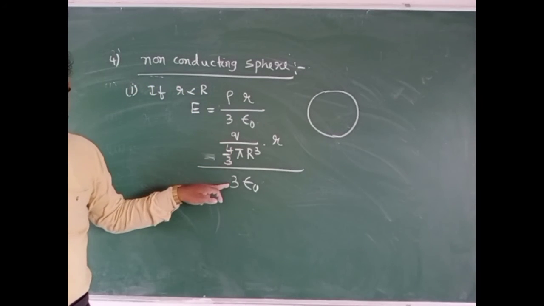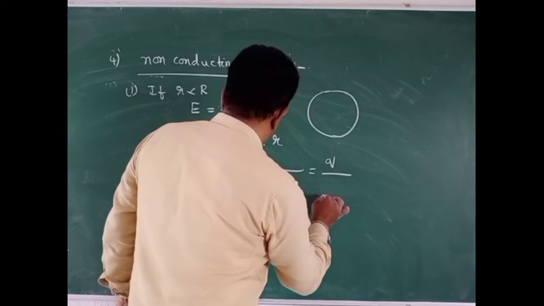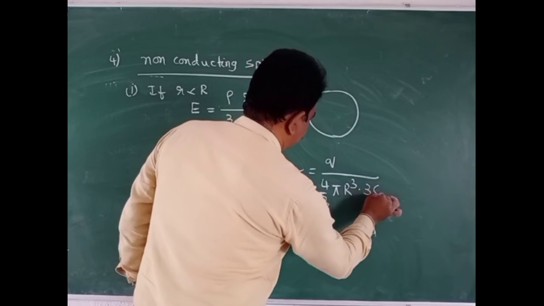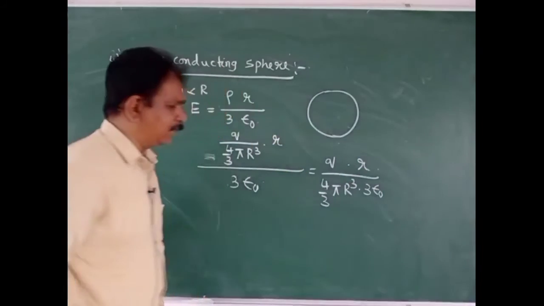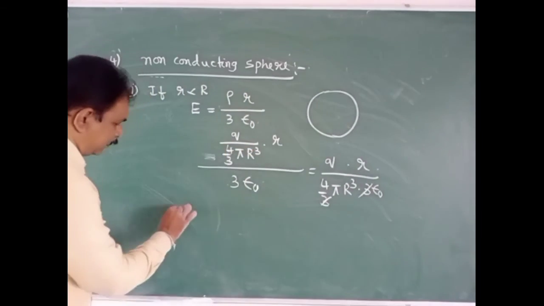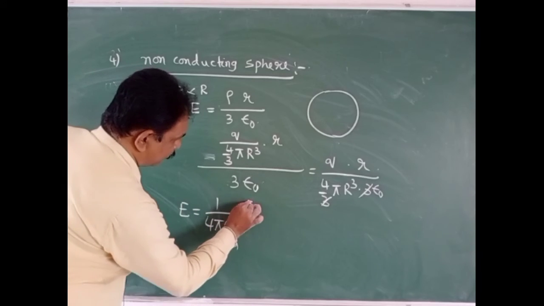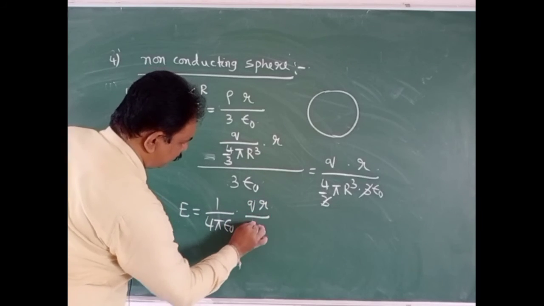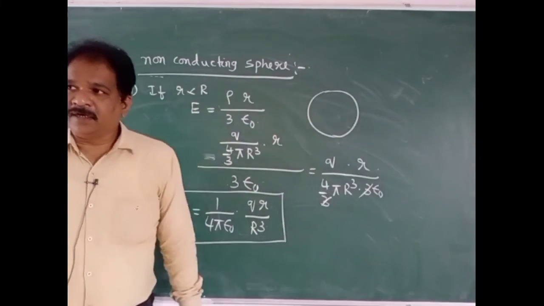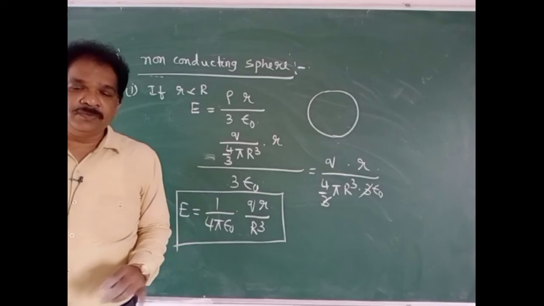If we bring this one to the denominator, this will be Q by 4 by 3 pi R cube into 3 epsilon naught. Here R will be there. 3 will cancel. I will write this one in this format: 1 by 4 pi epsilon naught QR by R cube. For a non-conducting sphere, to find the field intensity, we can use this formula.